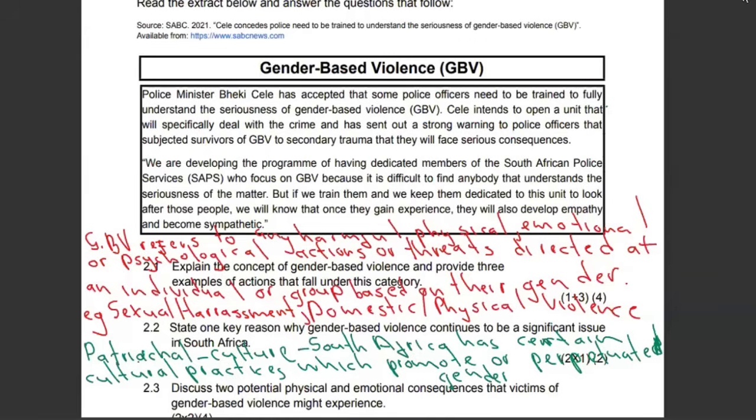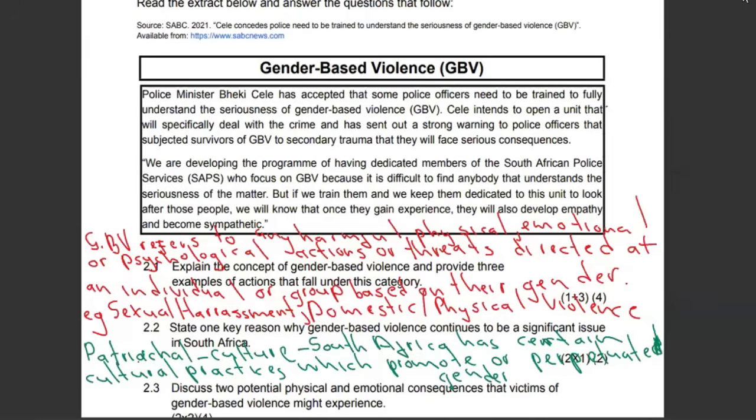Then, in addition to this, you can also talk about things such as high levels of inequality and poverty. That is a major contributing factor in South Africa. South Africa faces significant socio-economic challenges, including high levels of inequality and poverty. These conditions can actually worsen gender-based violence, as individuals in vulnerable situations may lack the resources and support needed to escape their abusive relationship.